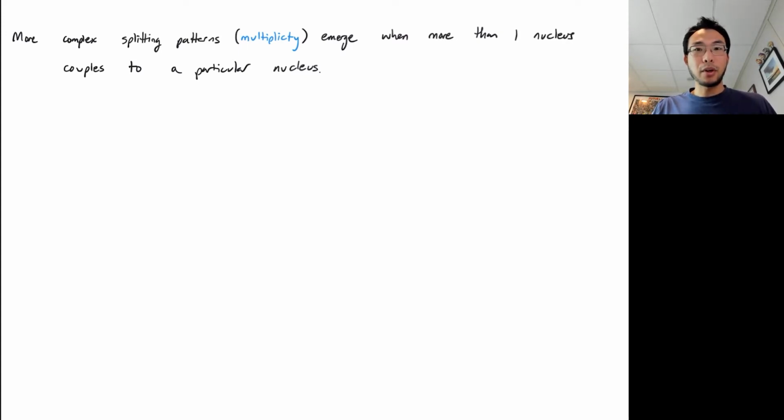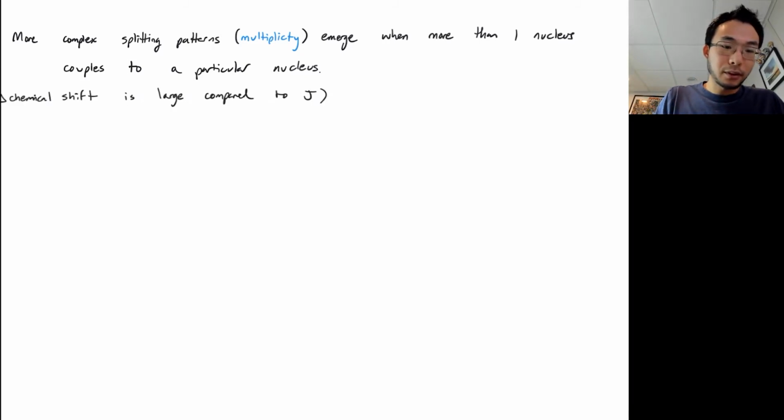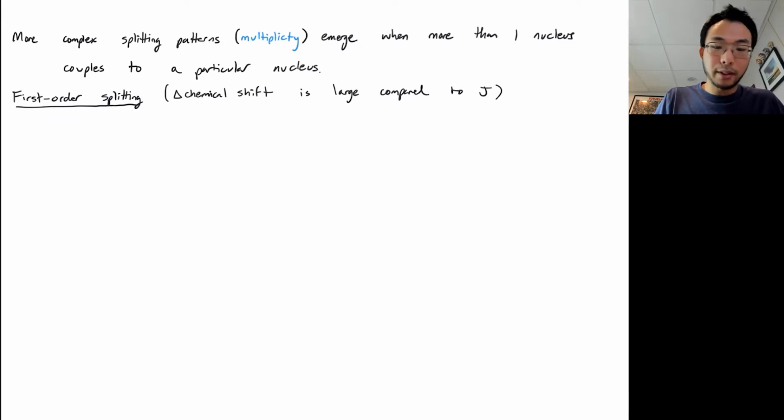When you have more nuclei around, more complex splitting patterns or multiplicity will emerge. So we'll focus on first order splitting, which is the case where the difference in chemical shift between the two nuclei is large compared to the J value. That was the case in the energy level diagram that I showed you at the very start of this video.